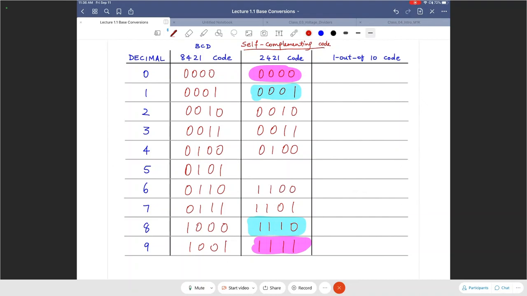For 5, 1, 0, 1, 1. You guys see that? So that's your self-complementing code with weights 2, 4, 2, 1.